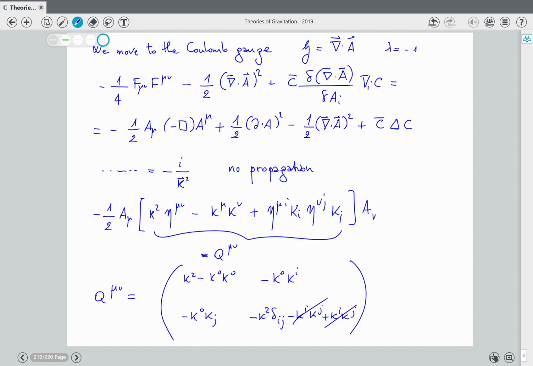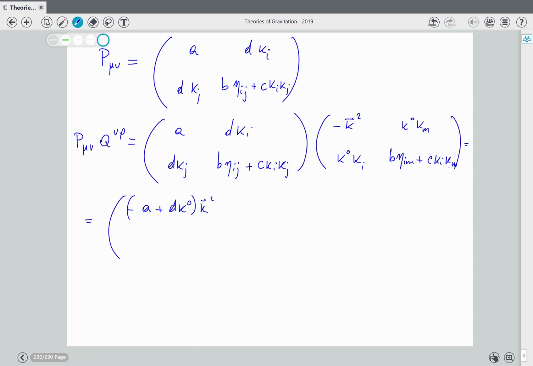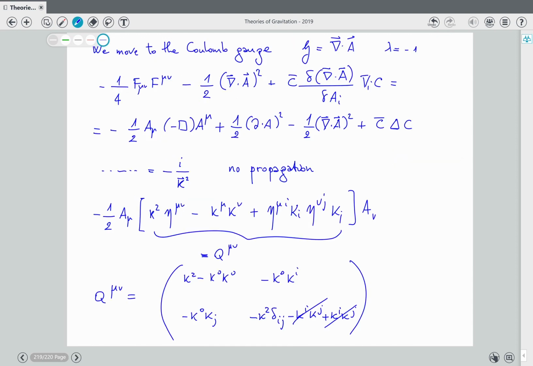Yes. Okay. Here I don't have this. I have minus k squared. This k is k. It's not space squared. Delta.